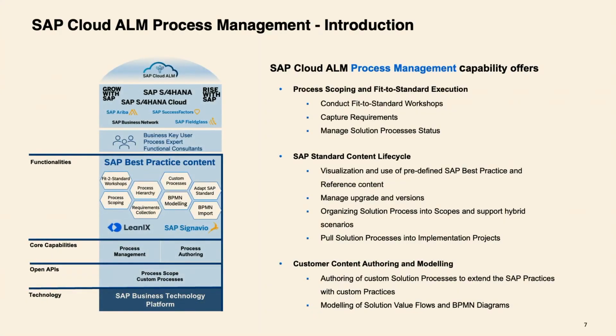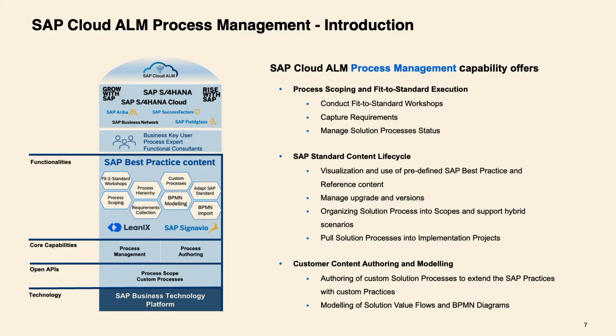Process management and its core capabilities in SAP Cloud ALM: the process hierarchies, the process offering, and the documentation, the documents connected to the processes. In this core capability area we have open APIs for process scope and for custom processes, and we have a lot of standard implementation content from SAP, the so-called best practices.